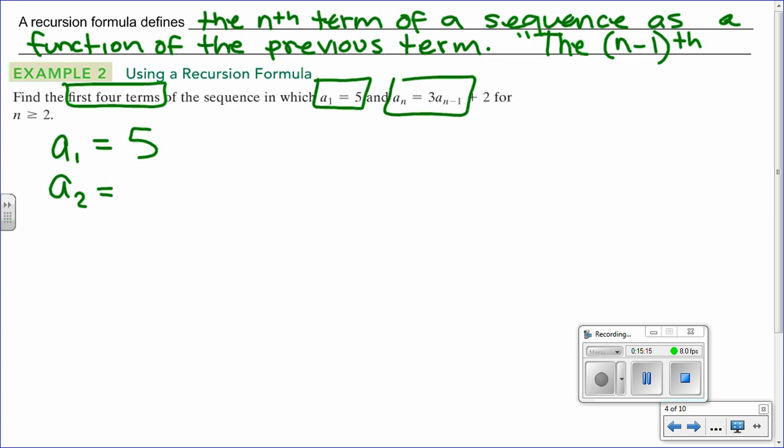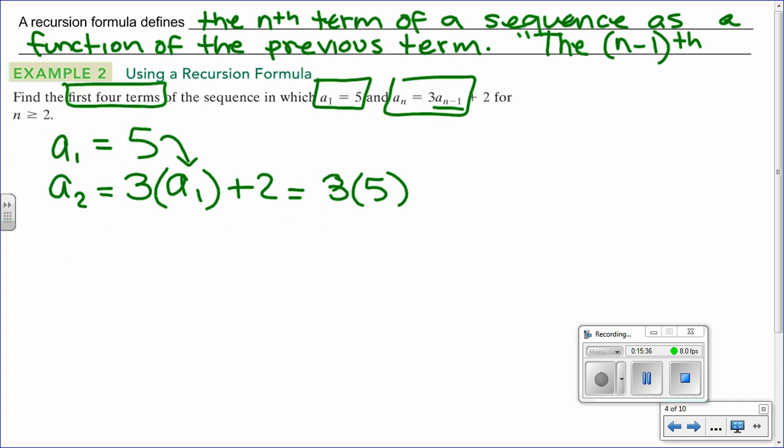It says you will need 3 times a sub n minus 1, which will be my previous one, a sub 1, and then I still need to add 2. So 3 times 5 plus 2, that would be 15 plus 2, which is 17.